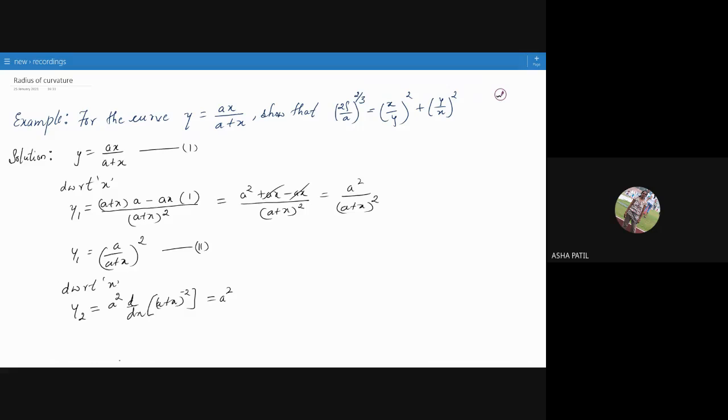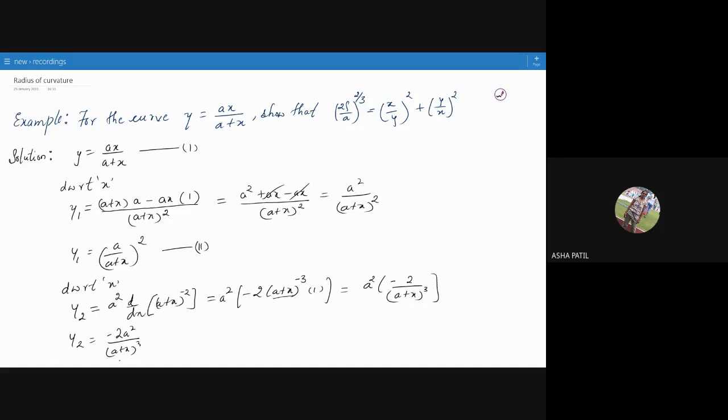So it is a² into minus 2 into (a + x) raised to minus 3, n into x raised to n minus 1. And again we have to differentiate this a + x. Derivative of a + x is 1. Now we have a² into minus 2 divided by (a + x) whole cube. Thus, we have the value of y2 as −2a² divided by (a + x) whole cube.